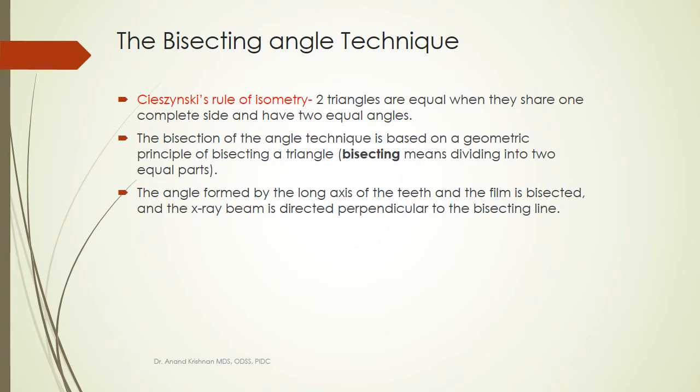So this technique of paralleling using a ring device cannot be achieved very easily or comfortably in an edentulous patient, and it is generally not advised. It is not taken in an edentulous patient.